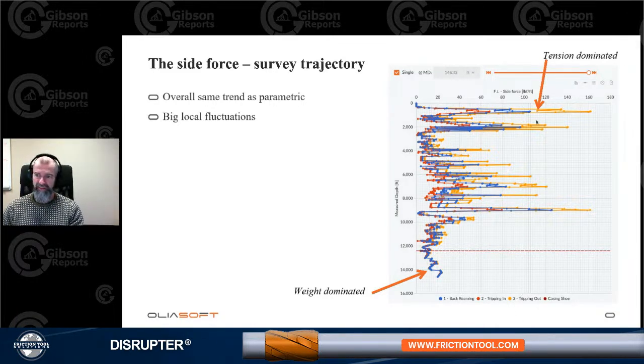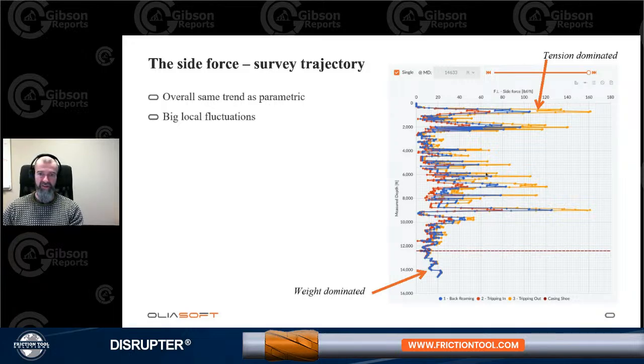So we can basically see the same here, that the areas that are tension dominated are the areas where we have a huge difference between tripping out and tripping in. And we can see that at the bottom here, they are almost all lying on top of each other. So this would be a weight dominated area, while in this upper part of the well and even the middle part of the well, you can see there are big fluctuations between the tripping out and the tripping in.